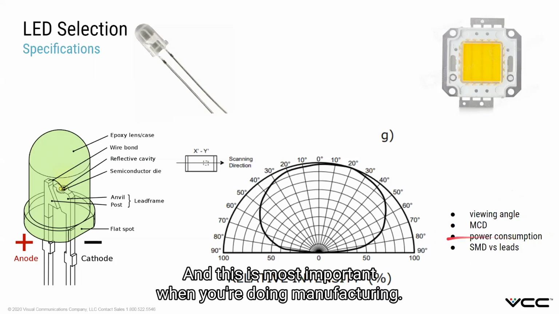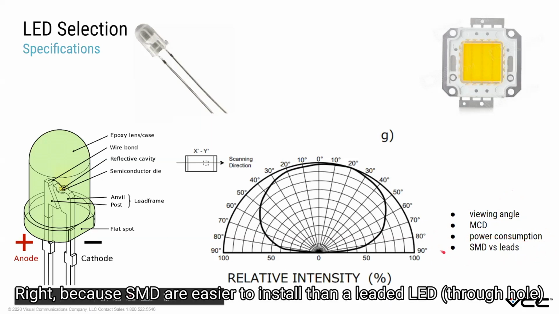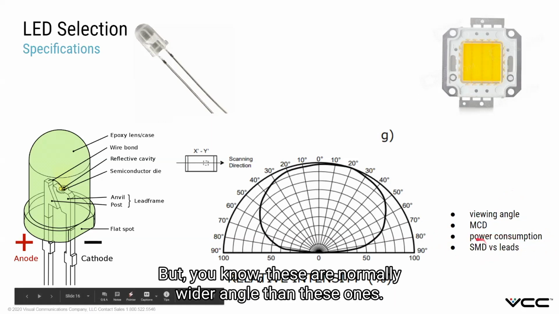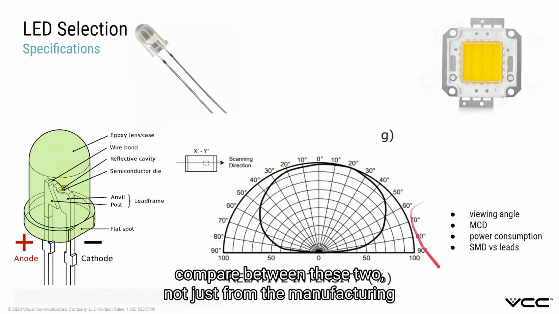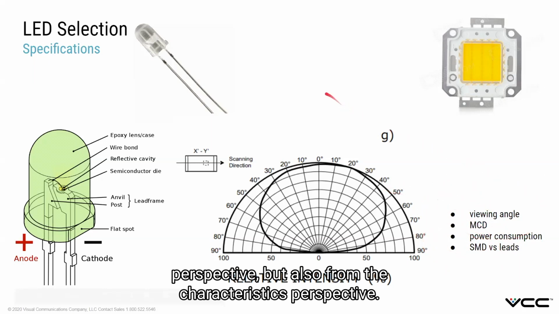And this is mostly important when you're doing manufacturing, right? Because SMD LEDs are a whole lot easier to install than leaded LEDs. But these are normally wider angle than these ones. So there are some things that you need to compare between these two, not just from the manufacturing perspective, but also from the characteristics perspective.